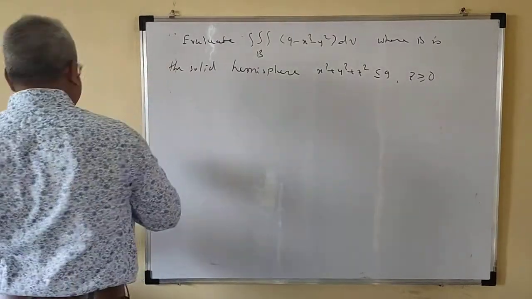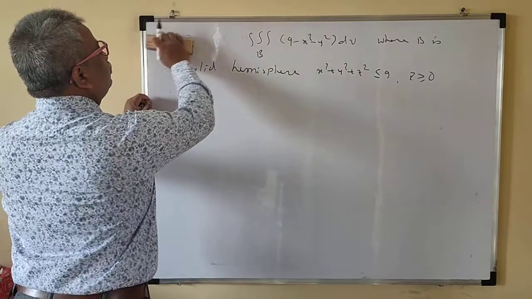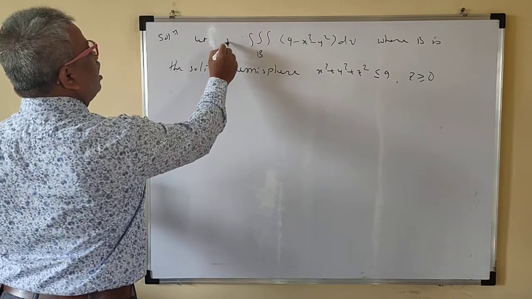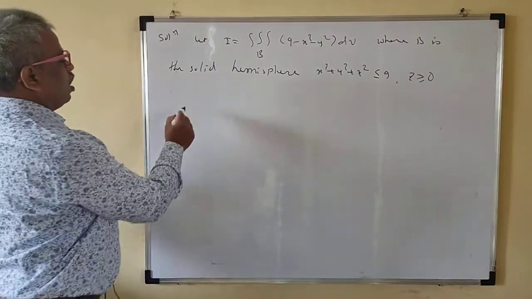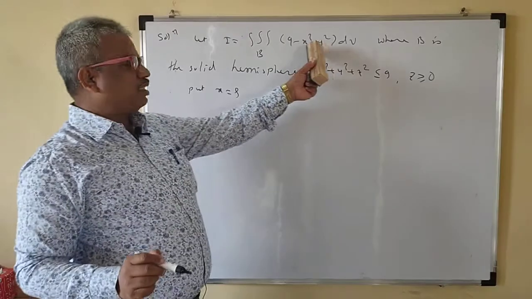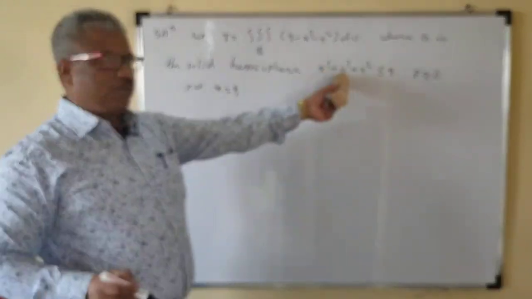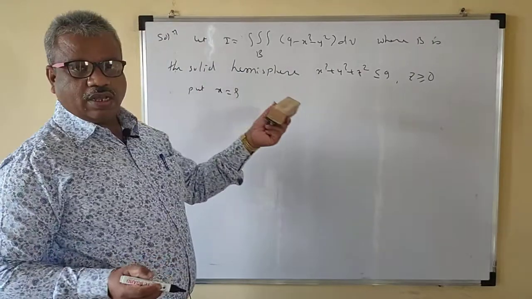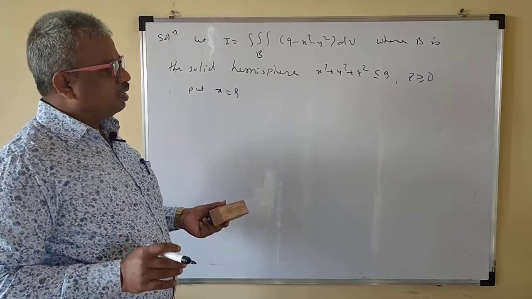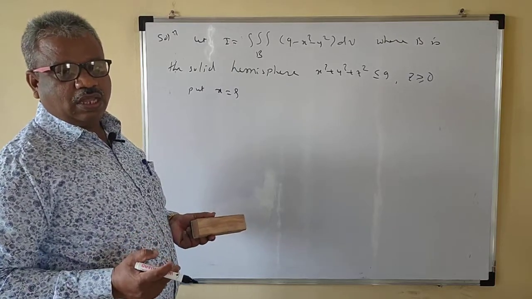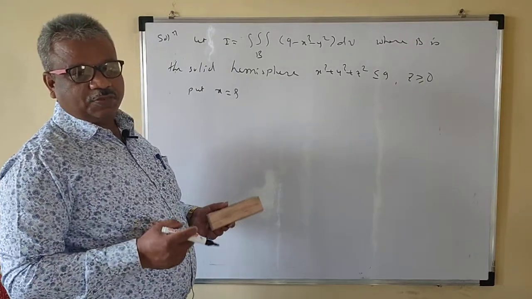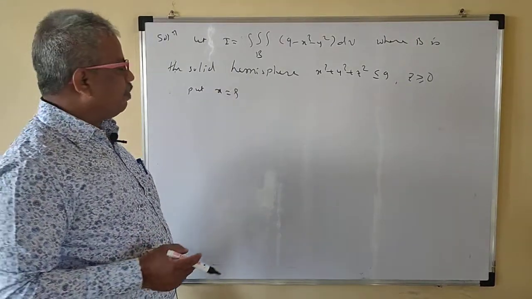So solution: let I be equal to this. Okay, so 9 minus x square minus y square is there, right? X square plus y square is there. That means it is a sphere, whether it may be a half sphere or a quarter sphere, whatever it is. If it is a sphere, we always use spherical coordinates. It is better to apply spherical coordinates; with their help you can easily integrate this triple integral.